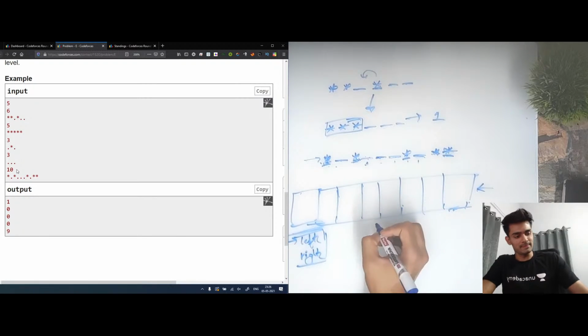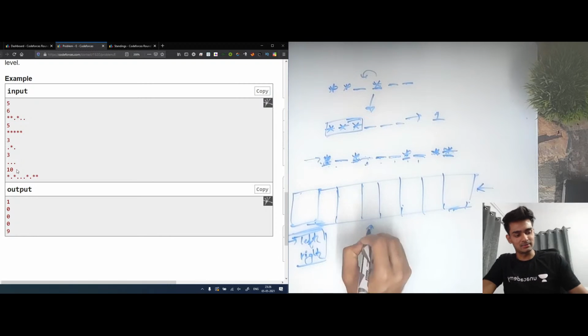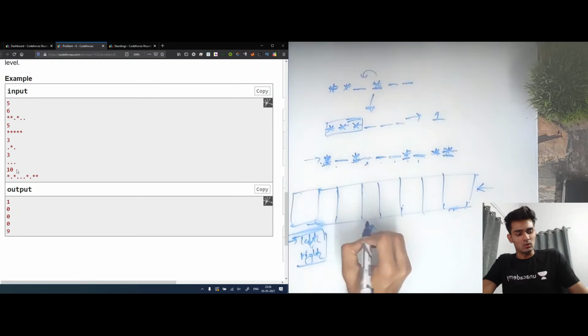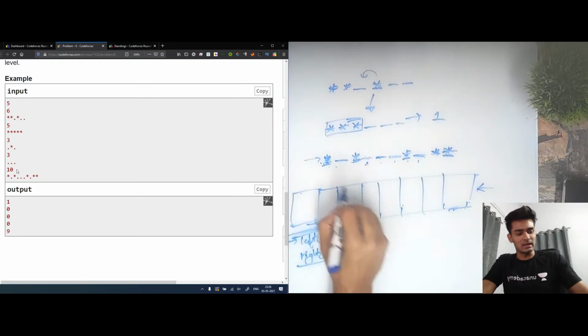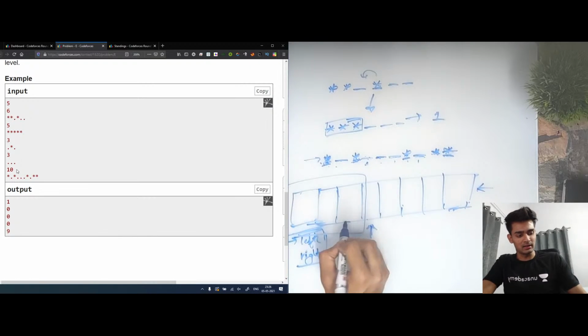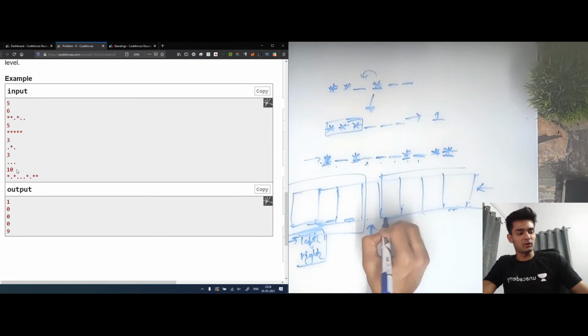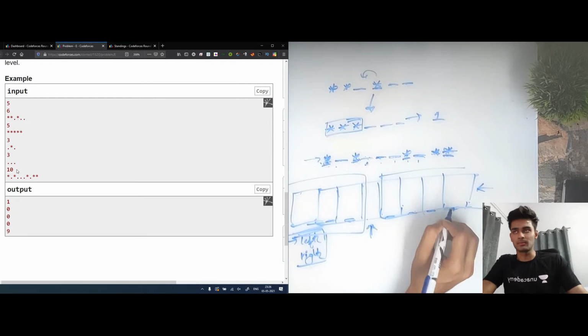What you need to do is select any index. Let's say we are at this particular index. You make sure that all the values on the left are right here. You find the cost of getting all these values here, and all the values on the right, you place exactly in the right position.